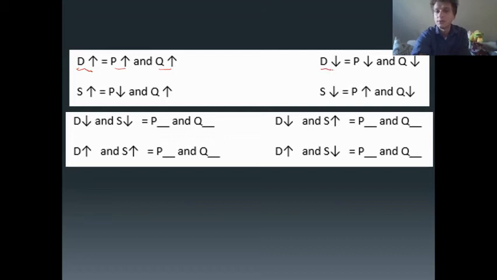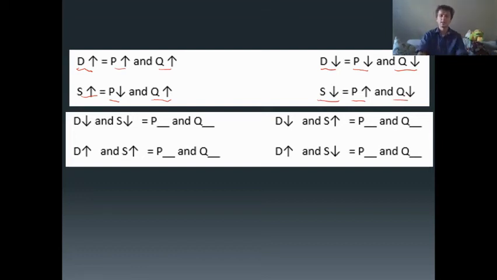Demand, when it decreases, will decrease equilibrium price and quantity. Supply, when it's increasing, will decrease equilibrium price and increase equilibrium quantity. Supply, when it's decreasing on its own, will increase price and decrease quantity.